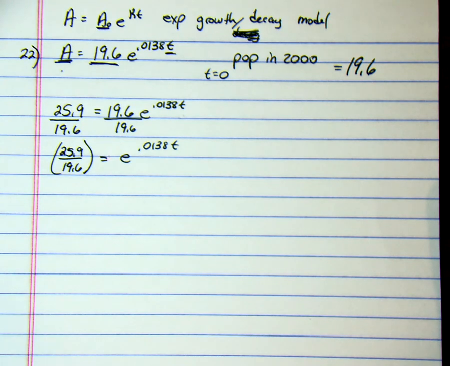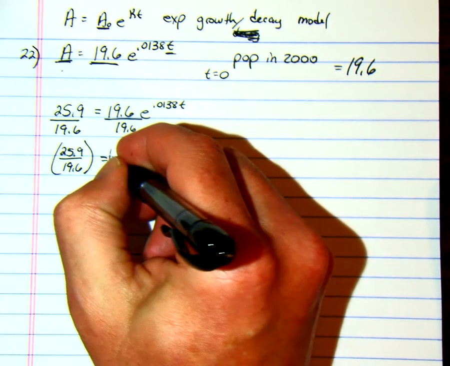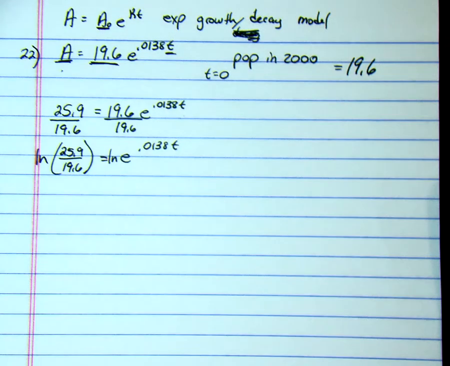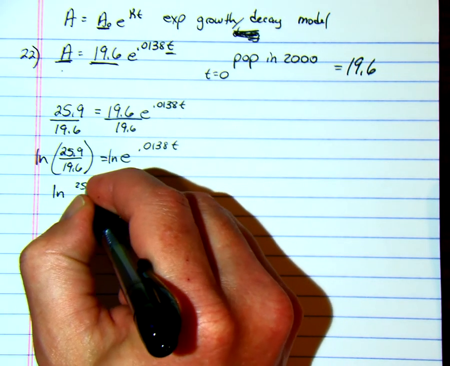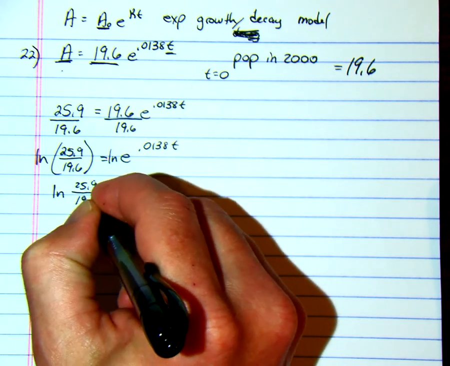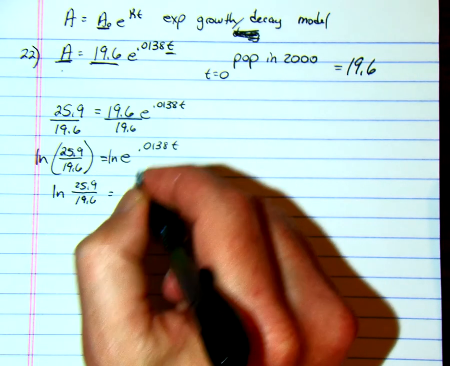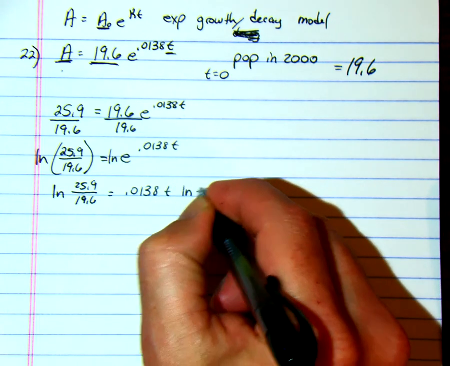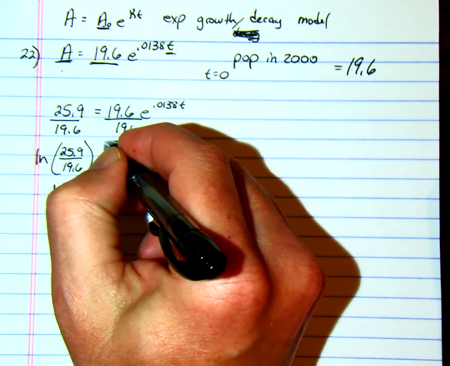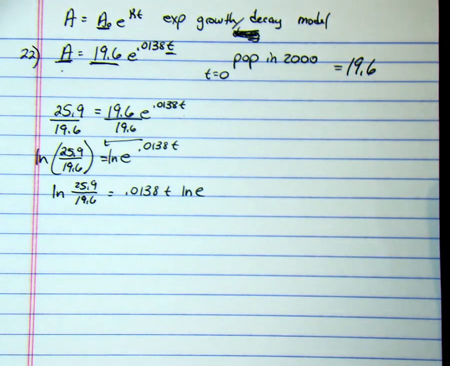Now I have to remember that I have an exponential model here, so we take the natural log of both sides. Because it is a natural log, we can move the 0.0138 t down in front of the natural log of e.